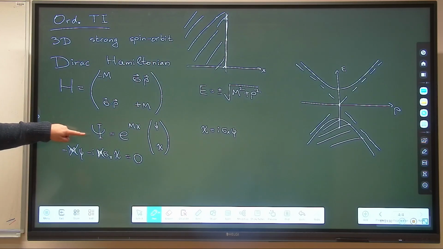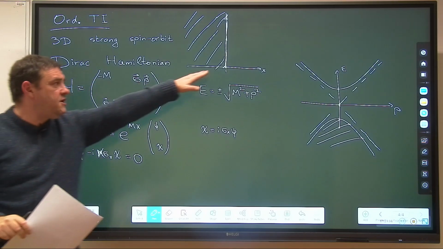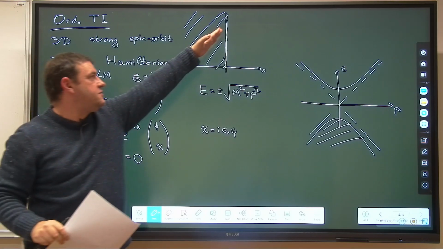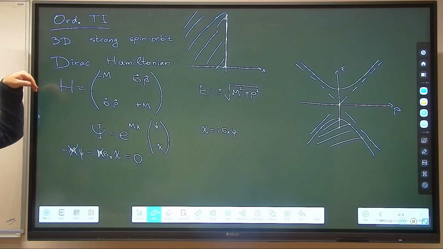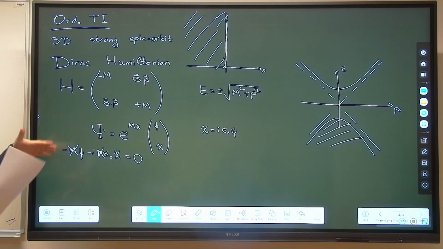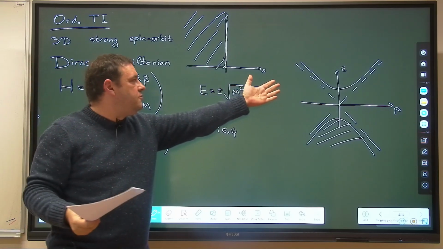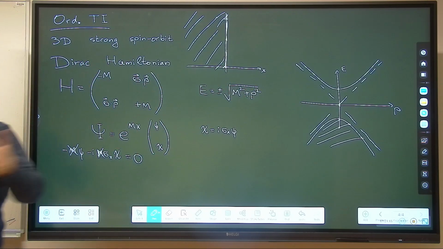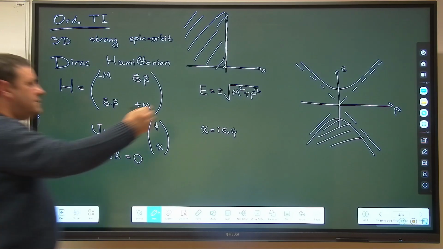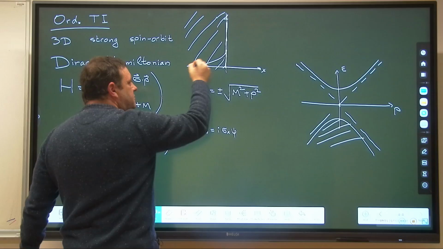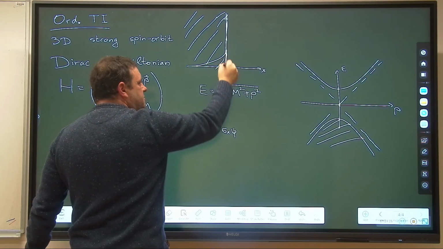I still can imagine that these states exist somewhere near this surface. So it decays exponentially into the bulk, but it does not exist on the right. That's why it is still normalizable. I don't need to integrate the divergent integral. So this state decays in the bulk, and then it's just 0 on the other side.